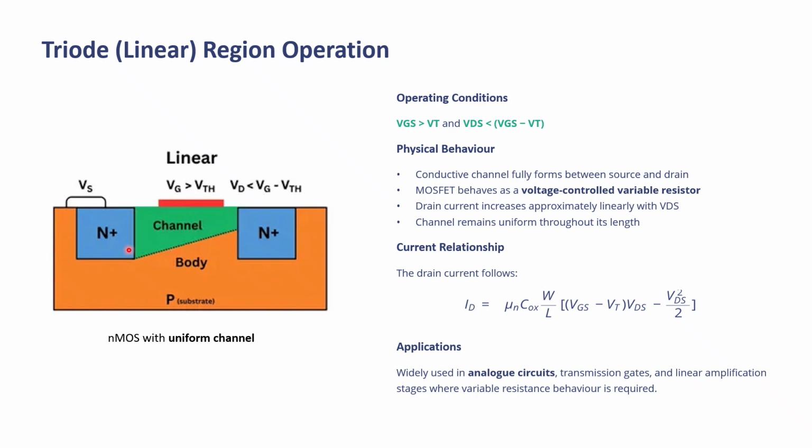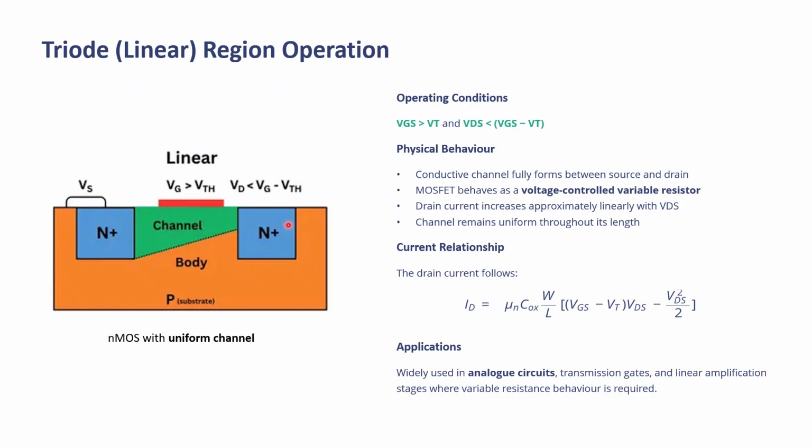Now in this picture of the linear region operation, we can see the conditions that VGS should be greater than VT and VDS should be less than VGS minus VT. And here we can see that a channel is formed between the source and the drain.